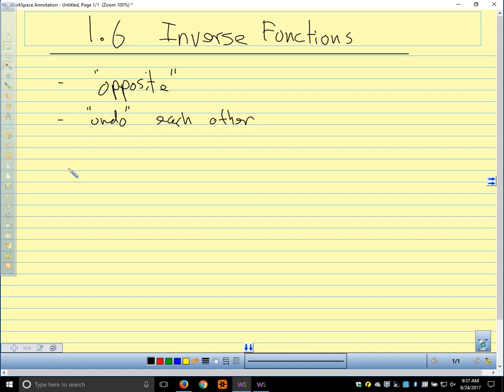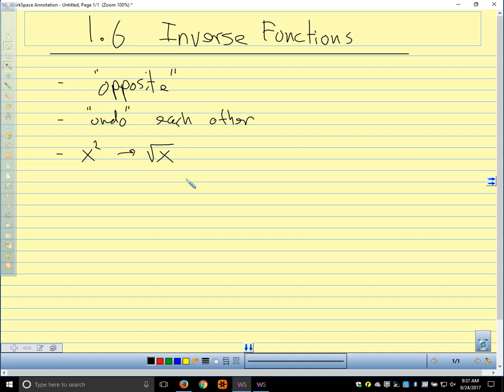So, for example, x squared and square root of x. Whatever one does, the other undoes. And we've been using inverse functions for a long time. When we use them, a lot of times we don't think of them as inverse functions. But when we solve equations, what we're doing is using inverse functions.